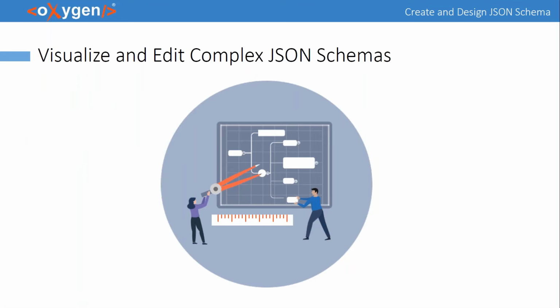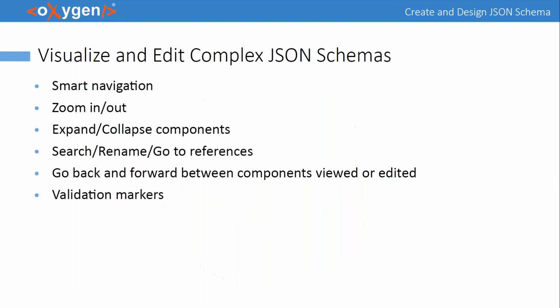Visualizing and editing more complex schemas. So sometimes you can have complex schemas, maybe generated, or maybe you have schemas that you want to create, or you convert from XSD or from other schema languages. In Oxygen, you can edit also more complex schemas. We have smart navigation. You can expand, collapse.